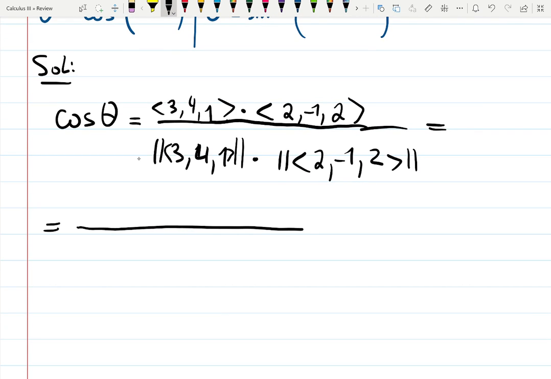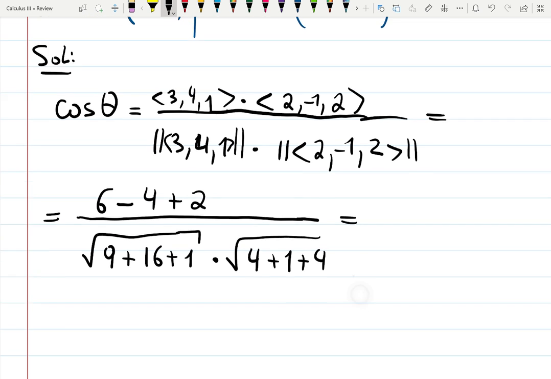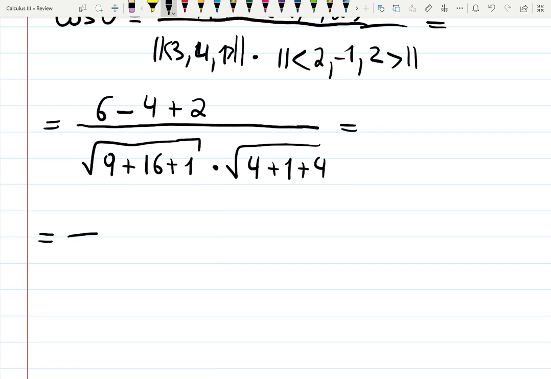So when you calculate it, it goes very fast. 3 times 2 is 6, minus 4 times 1 is 4, plus 1 times 2 is 2. All over a square root of 3 times 3, that's 9, plus 4 times 4, that's 16, plus 1 times 1 is 1. Square root of 2 times 2 is 4, minus 1 times minus 1 is 1, plus 2 times 2 is 4. Just like I told you, calculating it actually is much easier than writing everything down.